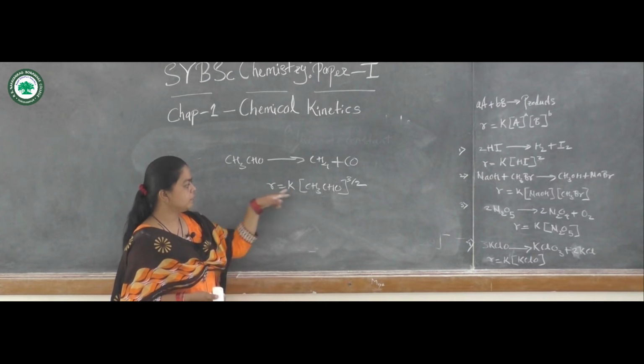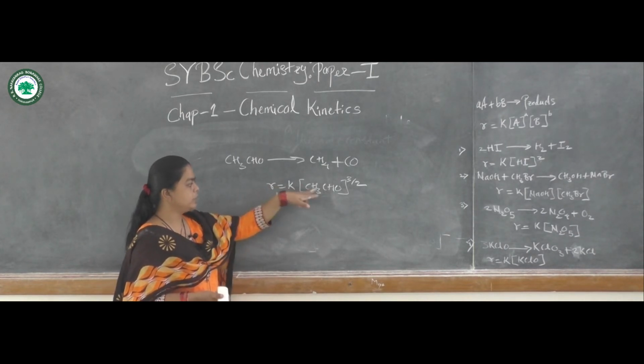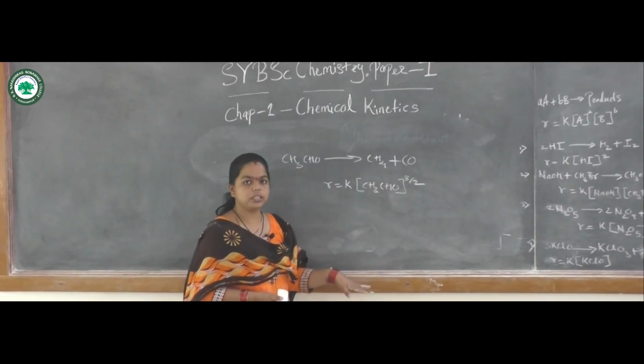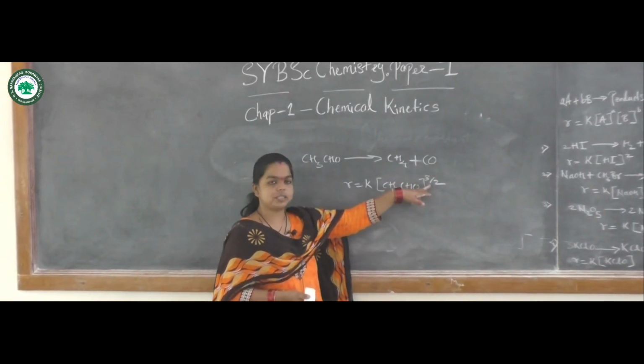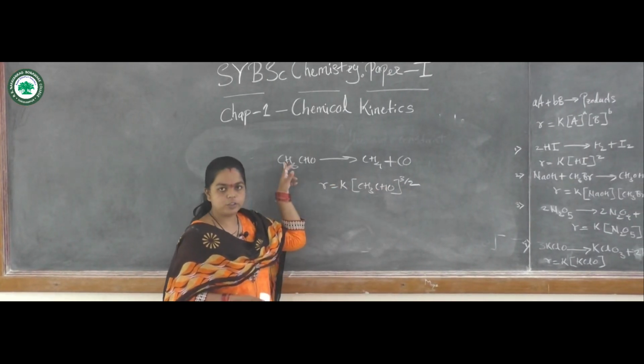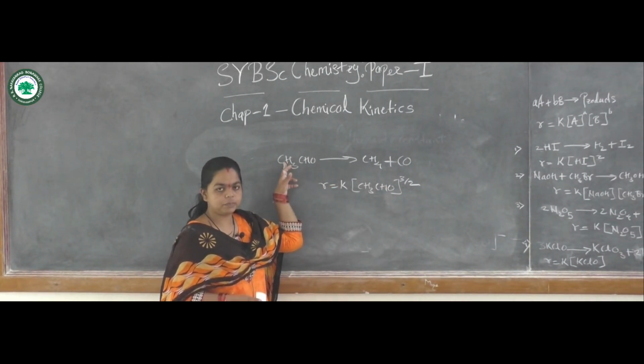So for this equation, rate equals K times the concentration of acetaldehyde raised to 3/2. Here the exponent is 3/2, but it is not the stoichiometric coefficient of the reactant.